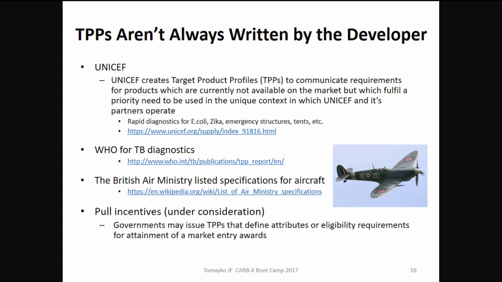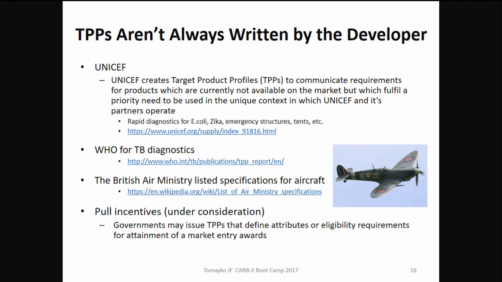So the last slide of any major content I want to provide is on TPPs, coming back to that point about the company writing them. They don't always have to be written by the company. They could be written by many groups. And if you look in the Google search, you'll see, and I have the link for you, that UNICEF has a whole slew of TPPs.